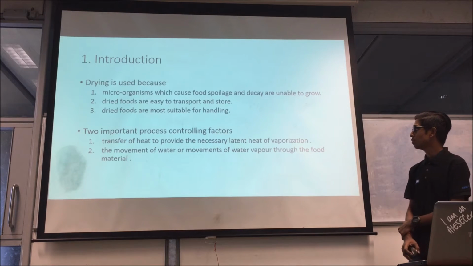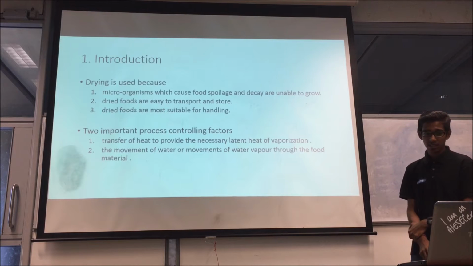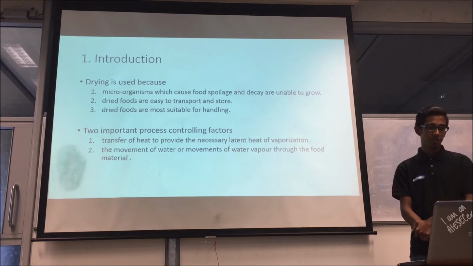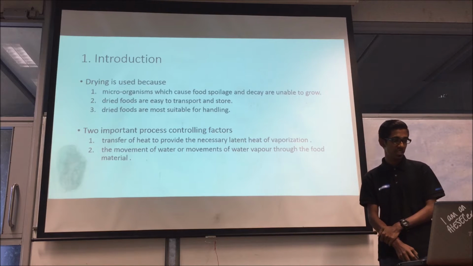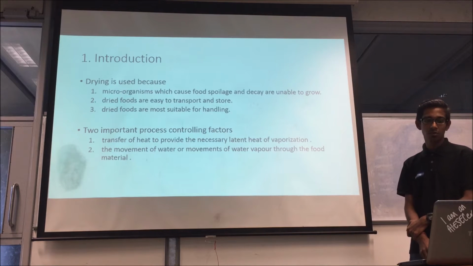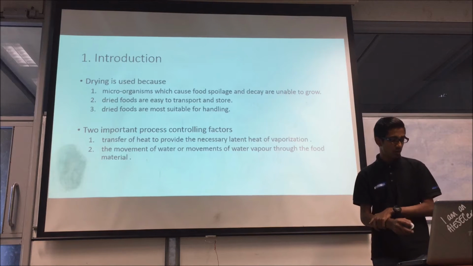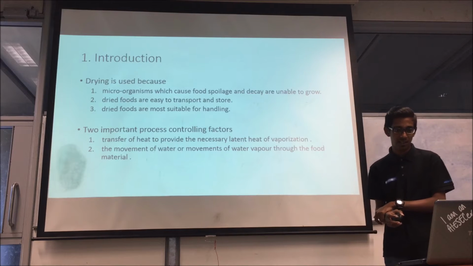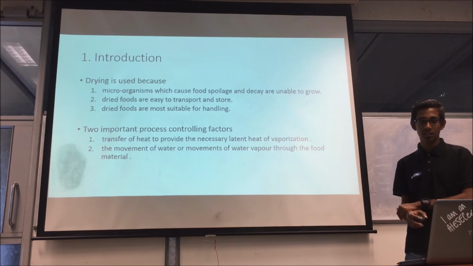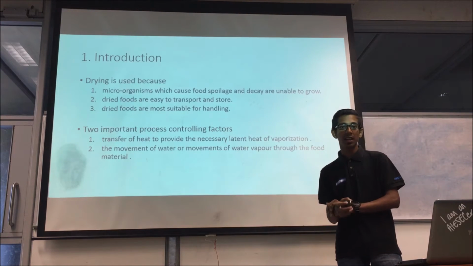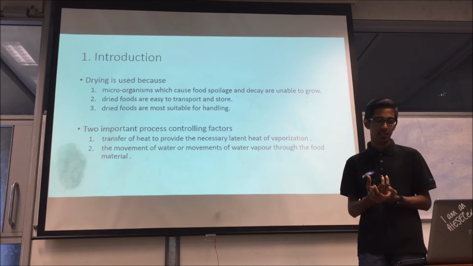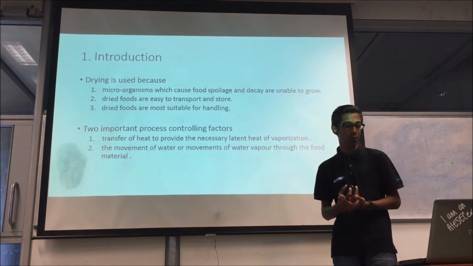So, the two important process controlling factors: the factors that enter into the unit operation of drying include a transfer of heat to provide the necessary latent heat of vaporization, and also movement of water vapor through the food material, and then away from it, effecting separation from the food material. This statement was cited by Claus and Hans in 1995, Andres 1999, and Movers 2003.